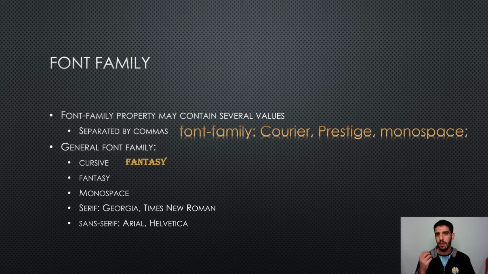As an example of that, we may have a sentence like this: font-family, and then we have Courier, Prestige, which are fonts inside the monospace family, and that's why we end with monospace. So if the browser could not find Courier or Prestige, of course it will find any other font from the monospace family.